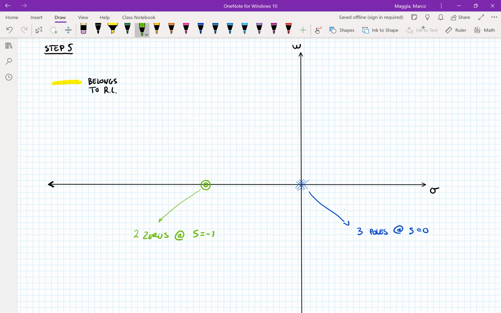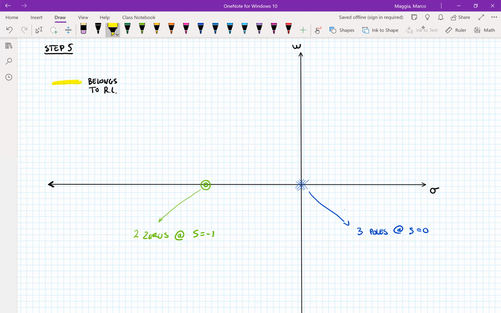Step 5, though, says that we need to identify the segments of the real axis that belong to the root locus. So now that we have the open loop poles and the open loop zeros on the S-plane, we can do exactly that.